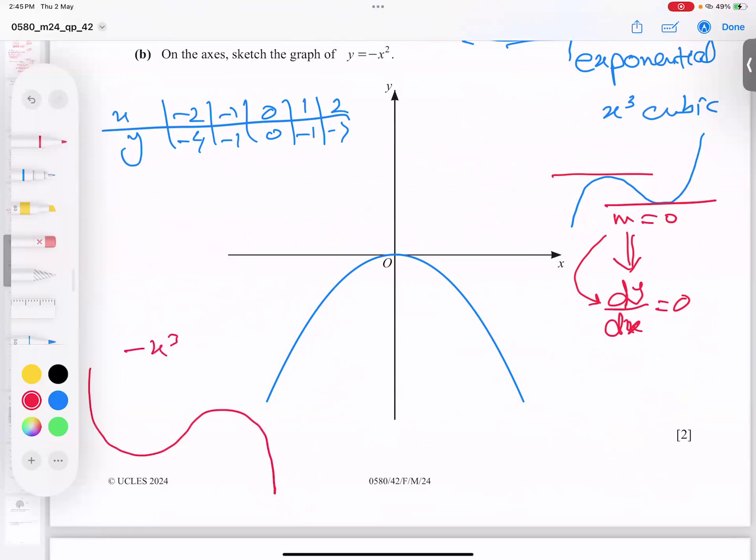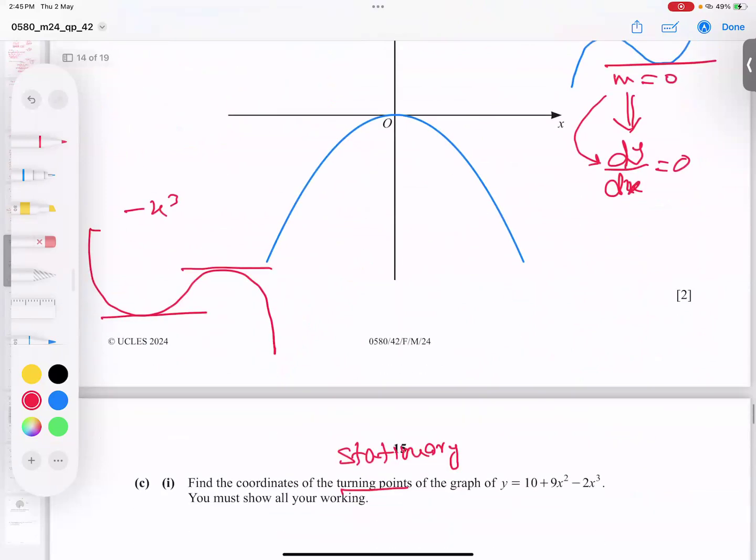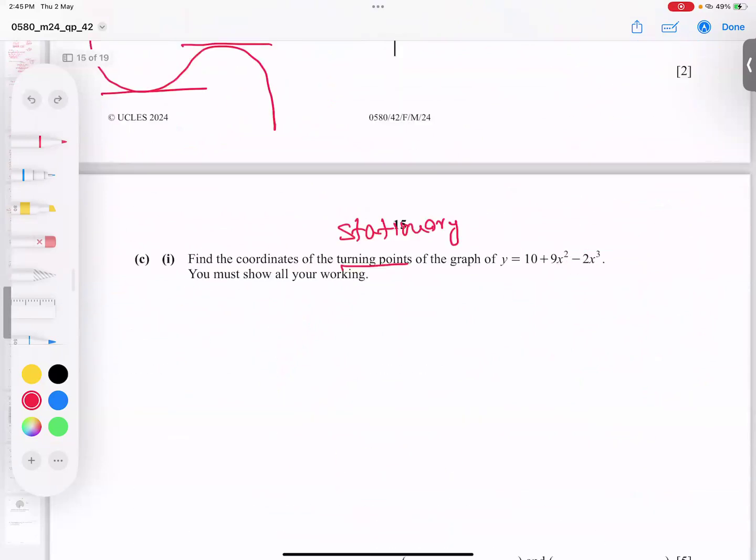Positive x cube starts from the top right-hand side and opens like this, and negative x cube is like this. So again it has two turning points. So I roughly just made this expected graph. Or I can start like this, even no problem. So this and this.